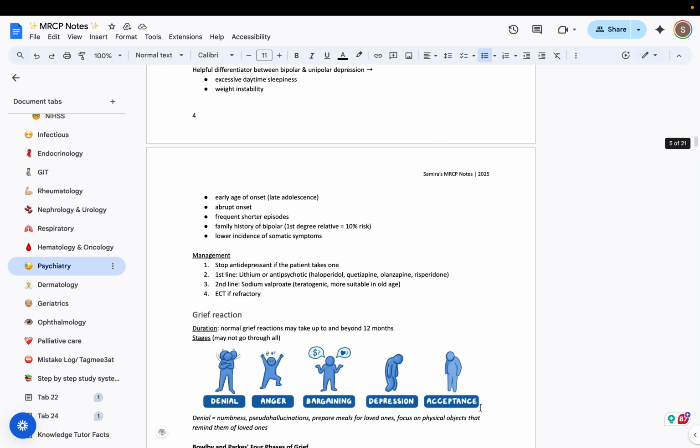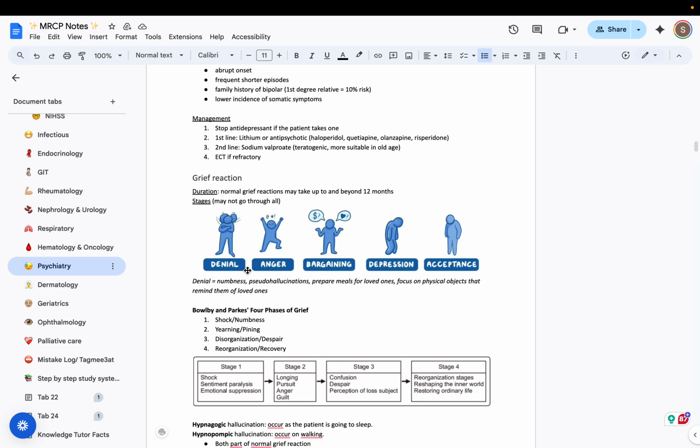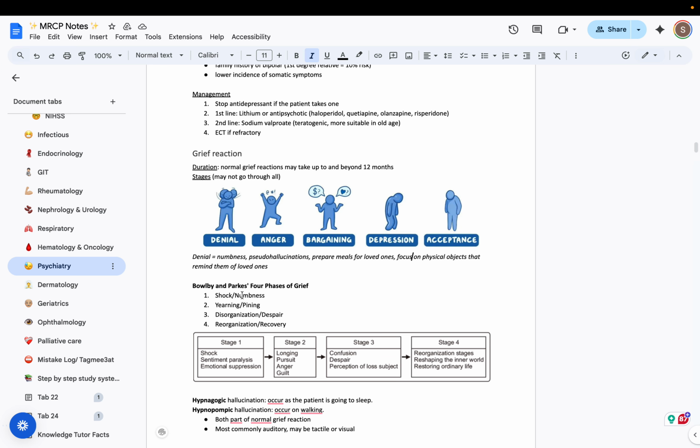Now, grief reaction. Normal grief reaction may take up to and beyond 12 months, and there are different stages. Denial would be numbness, pseudo-hallucinations, preparing meals for loved ones, focusing on physical objects that remind them of loved ones, and then anger, bargaining, depression, acceptance. There is another model, which is Bowlby's and Parkes' 4 phases of grief.